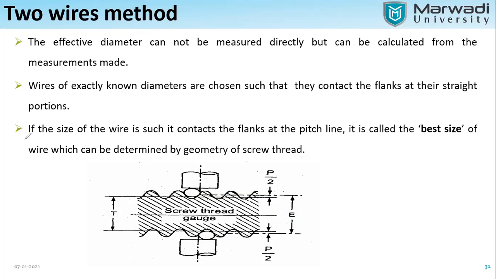If the size of the wire is such that it contacts the flank at the pitch line, it is called the best size. For that we derived the formula in the previous session.